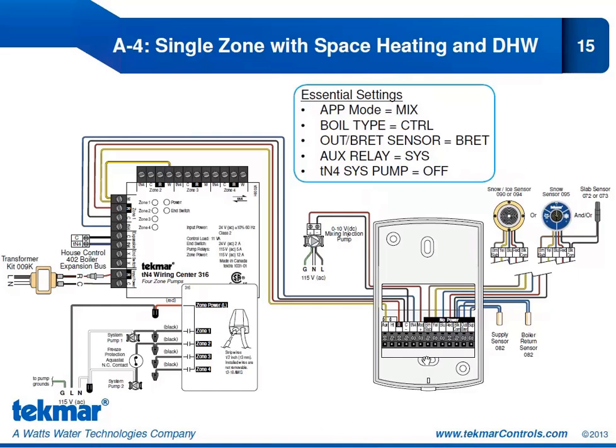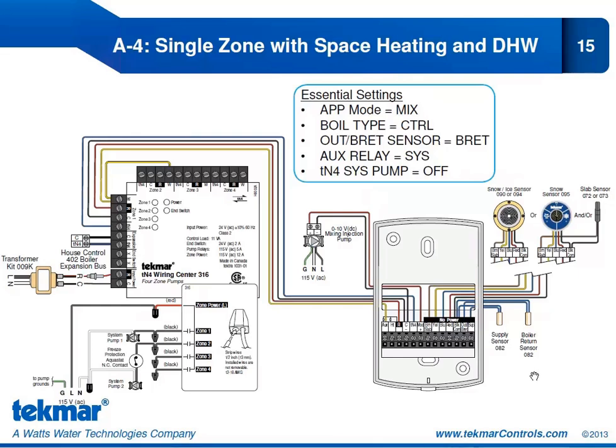Back at the 654, you can see we're using that modulating output to operate a 0 to 10 volt mixing injection pump. And we have the connections to our sensors. So our typical sensor connections, 090 or 094 is one option. The other option is to use the snow sensor 095, hopefully with the slab sensor 072 or 073.